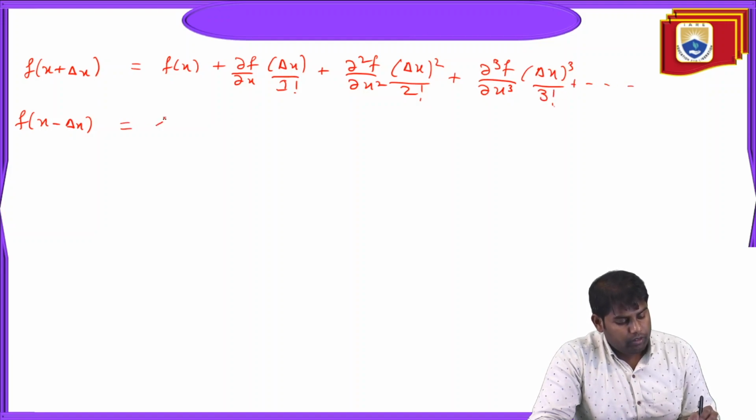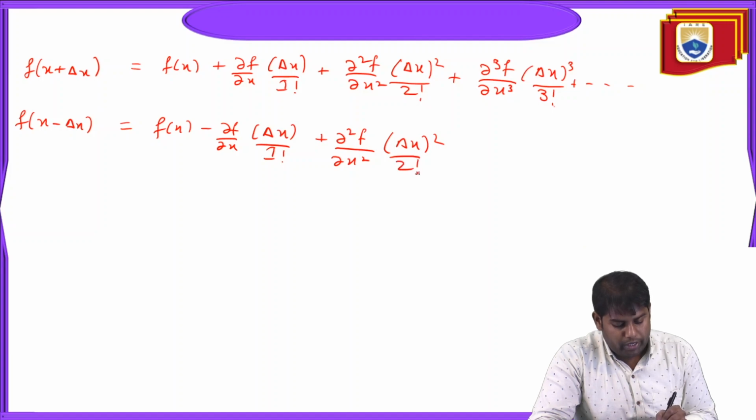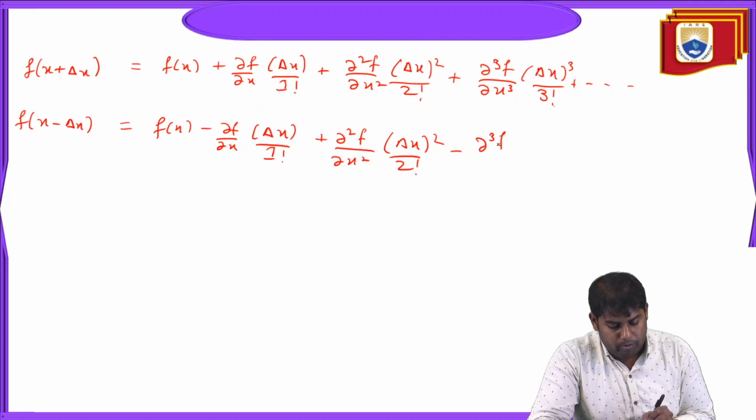Here also we have f of x minus ∂f/∂x delta x divided by 1 factorial, plus ∂²f/∂x² delta x squared divided by 2 factorial, minus ∂³f/∂x³ delta x cubed divided by 3 factorial, and so on.